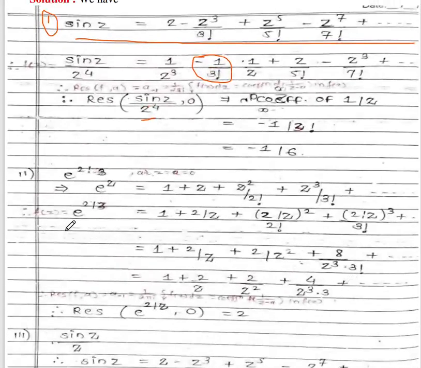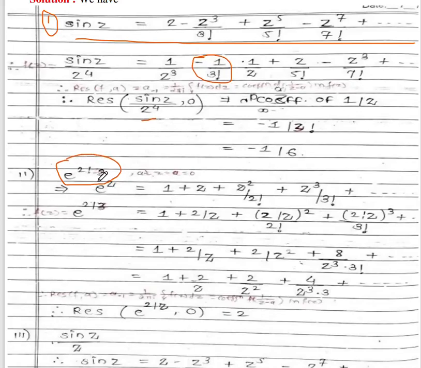Now we will see the second example, e to the power 2 upon z. We know that e to the power z at the point z equal to 0 is 1 plus z plus z square upon 2 factorial plus z cube upon 3 factorial plus and so on.